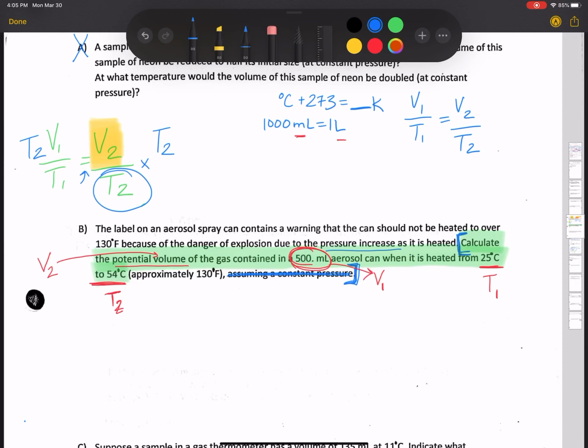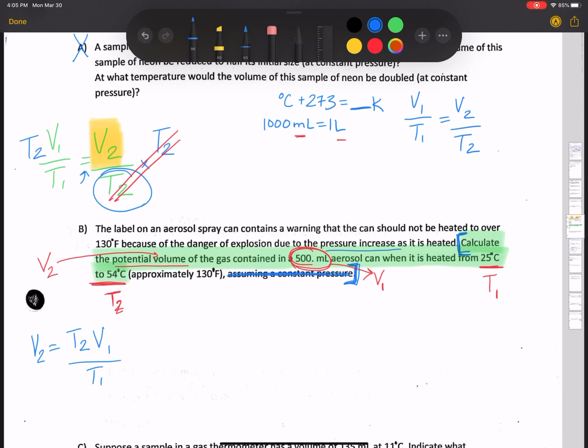And now, I have T2 in my numerator, T2 in my denominator. These guys are going to cancel each other out. And my T2 is going to get multiplied to my V1, and all of that is going to get divided by T1. So when I go back to my question to set up my formula, my V2 is going to equal T2 times V1 over T1.